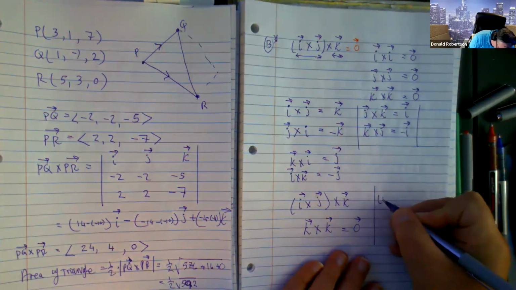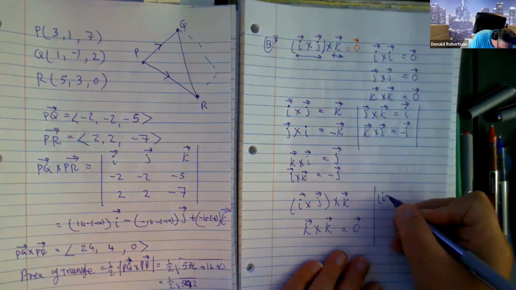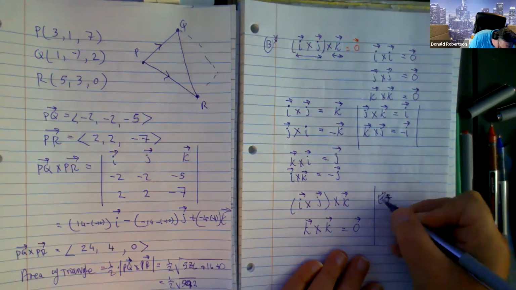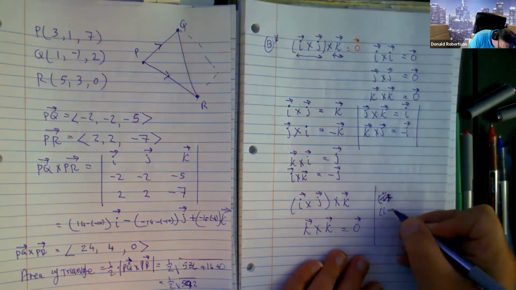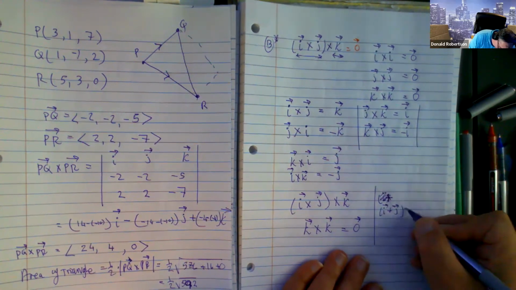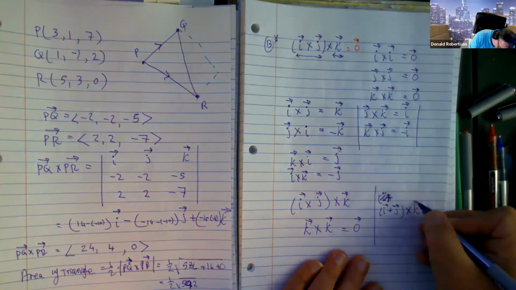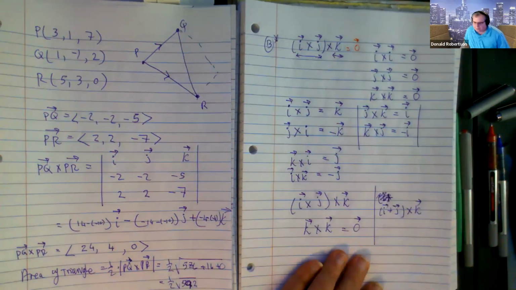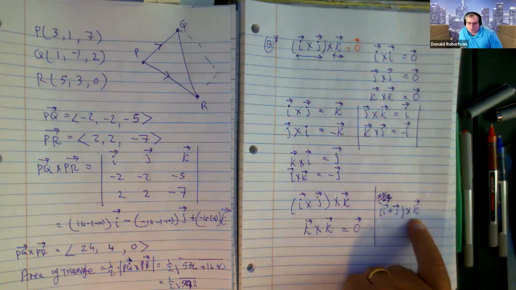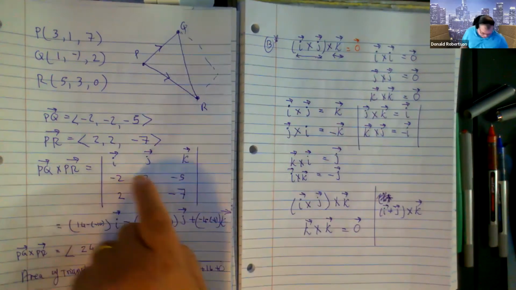So how about this? i plus, do it again. i plus j cross k. Now, I want to find the answer of that without drawing one of these tables.